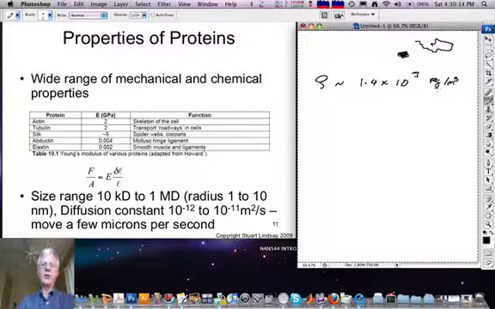It's useful to convert this number for the average density of a globular protein into a radius, so just solving using the volume of a sphere, 4/3 pi r cubed, the density to convert to a radius of a protein as a function of molecular weight, one derives the following result.